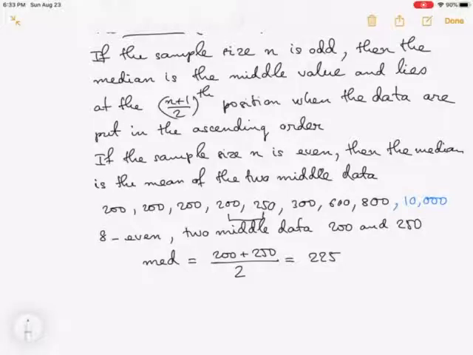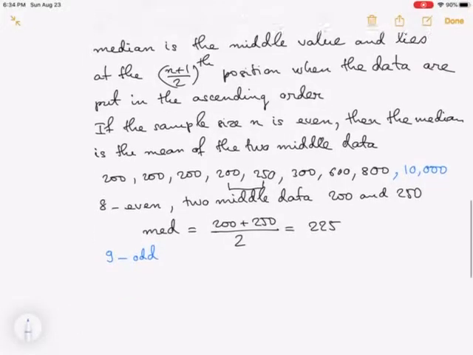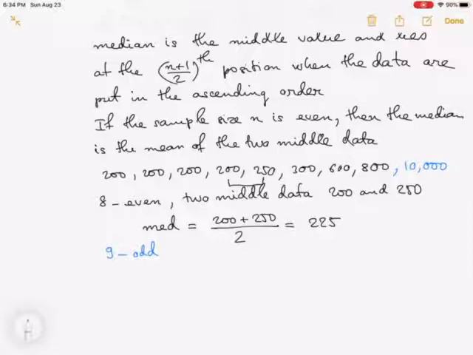In this case, we have 9 samples. So 9 is odd. So the middle position is this position, and therefore the median will equal 250.